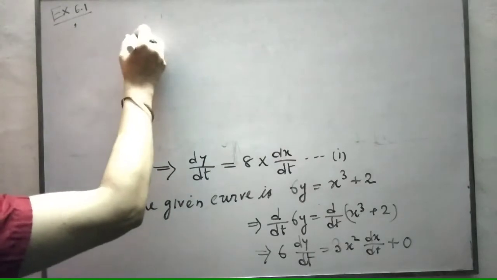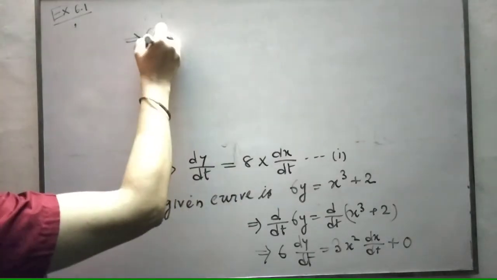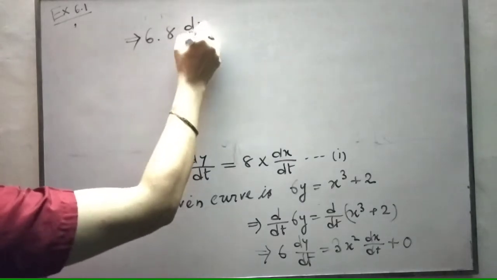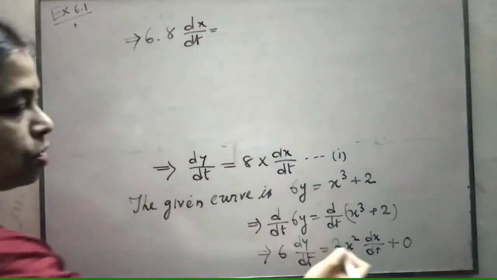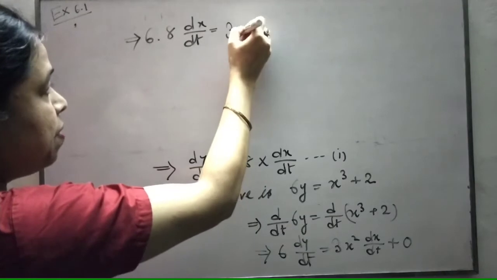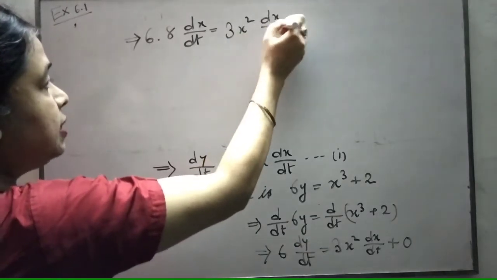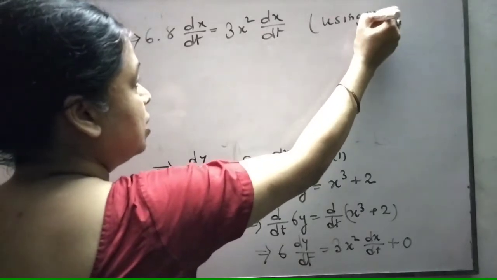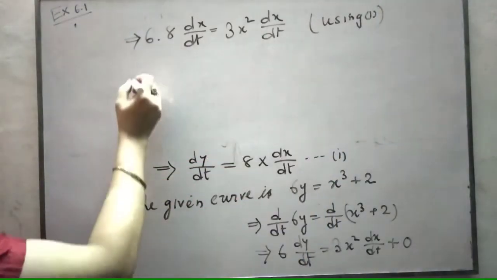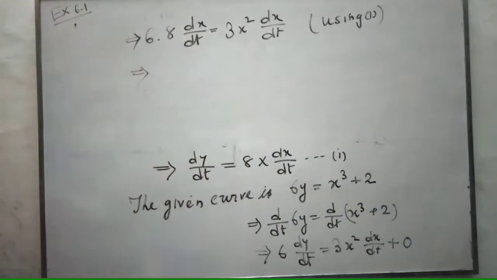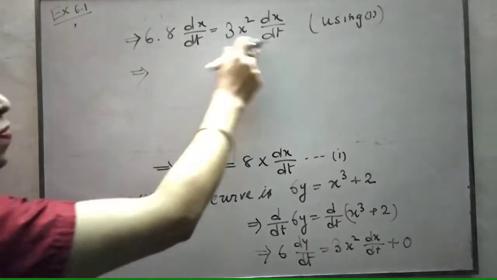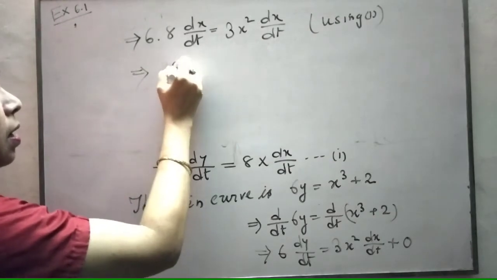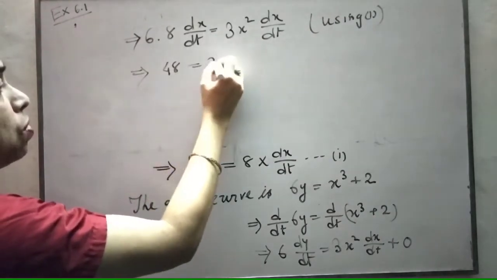If I substitute it, 6 into dy/dt can be written as 6 into 8 times dx/dt, which is equal to, on the right side, 3x square dx/dt. I have used relation 1 here. Now we can cancel dx/dt from both sides.